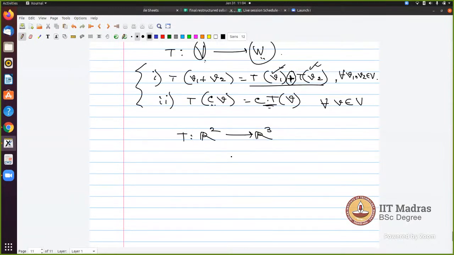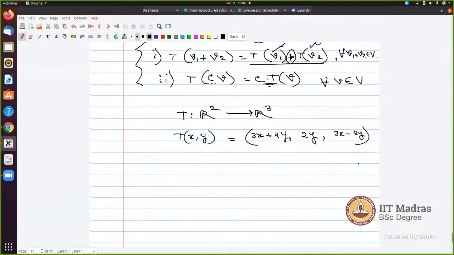So suppose R2 to R3. I am defining T of x comma y. Any element of R2 is of the form x comma y, right? So is this a linear transformation? What we can check? We have to check these two conditions, right? First of all, 0 is going to 0, right?